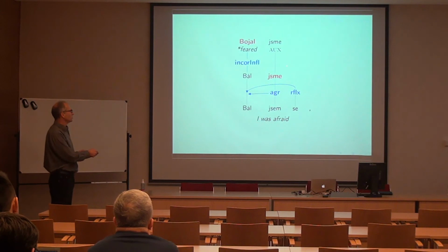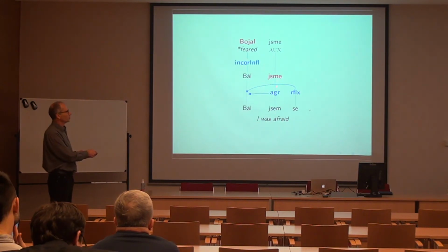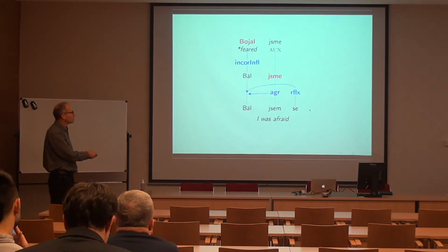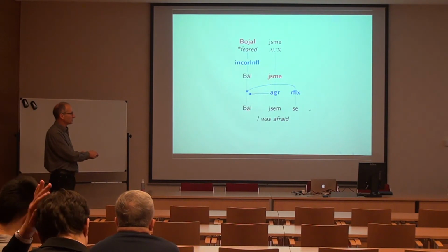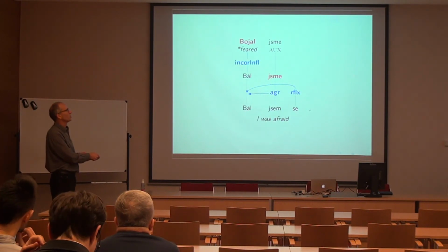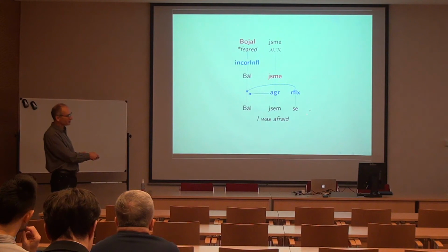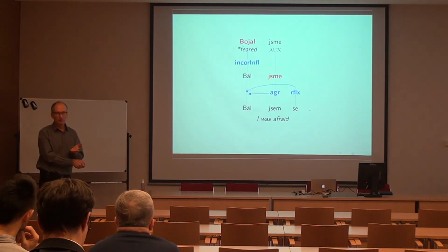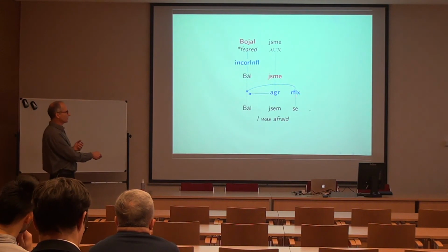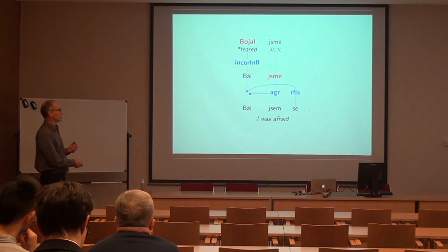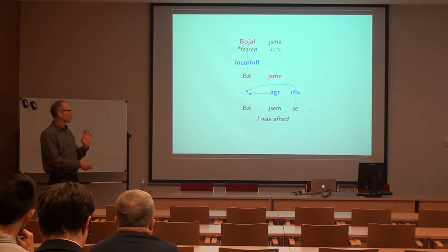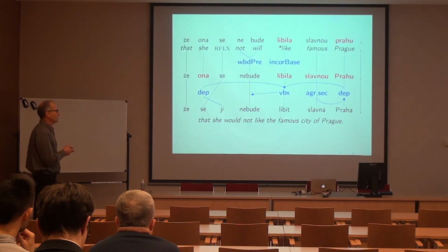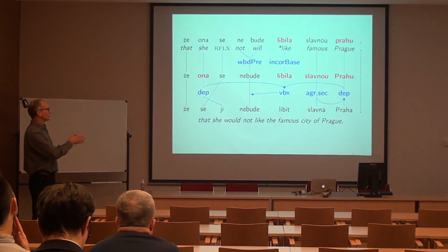So here you turned the plural into singular because it should agree with that singular here. And also you had to add this reflexive particle, like "to be afraid, bát se, ona." So we added this because of that. So it's all manual, nothing automatic.